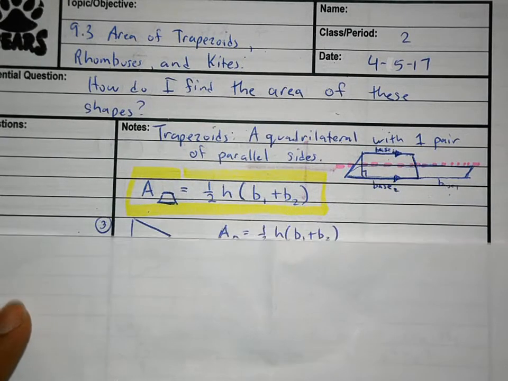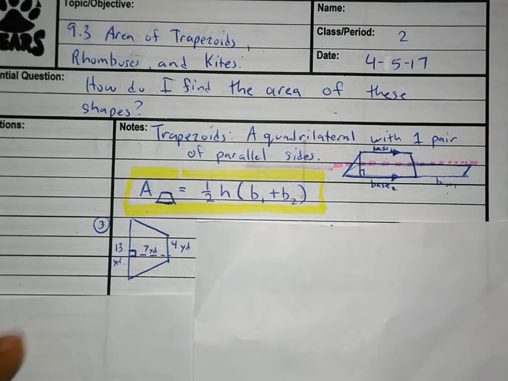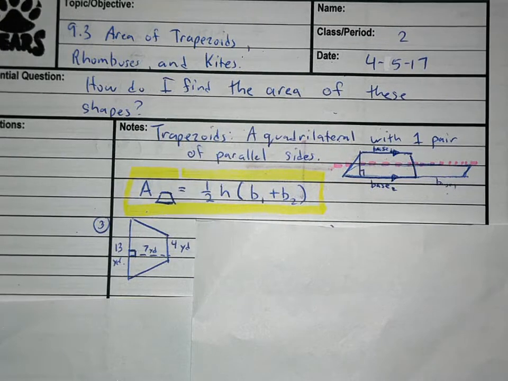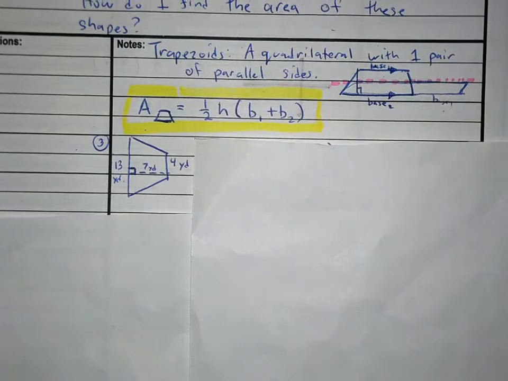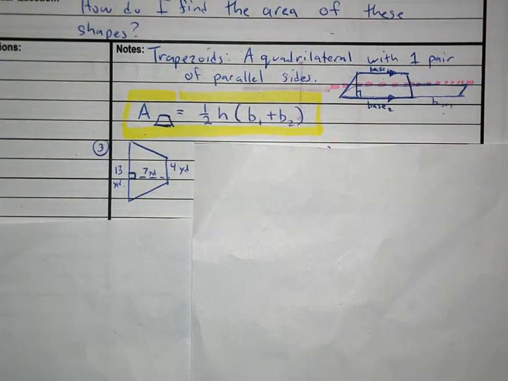So we're going to do a problem that looks like number 3. On number 3, we have a trapezoid, and they have it slightly turned on its side. We have 13 yards, 7 yards, and 4 yards.